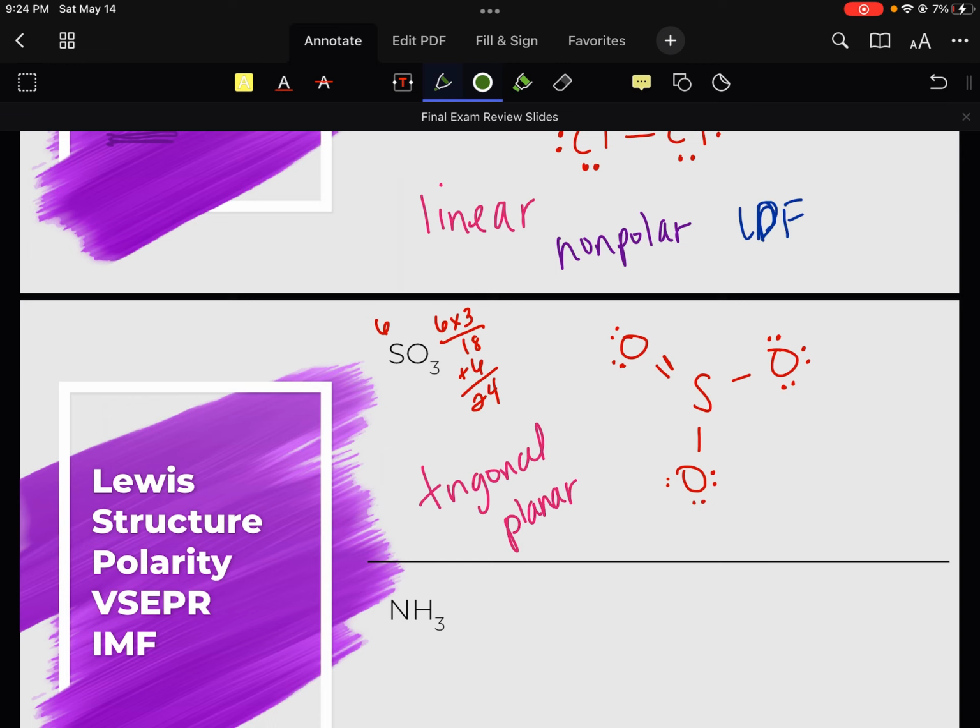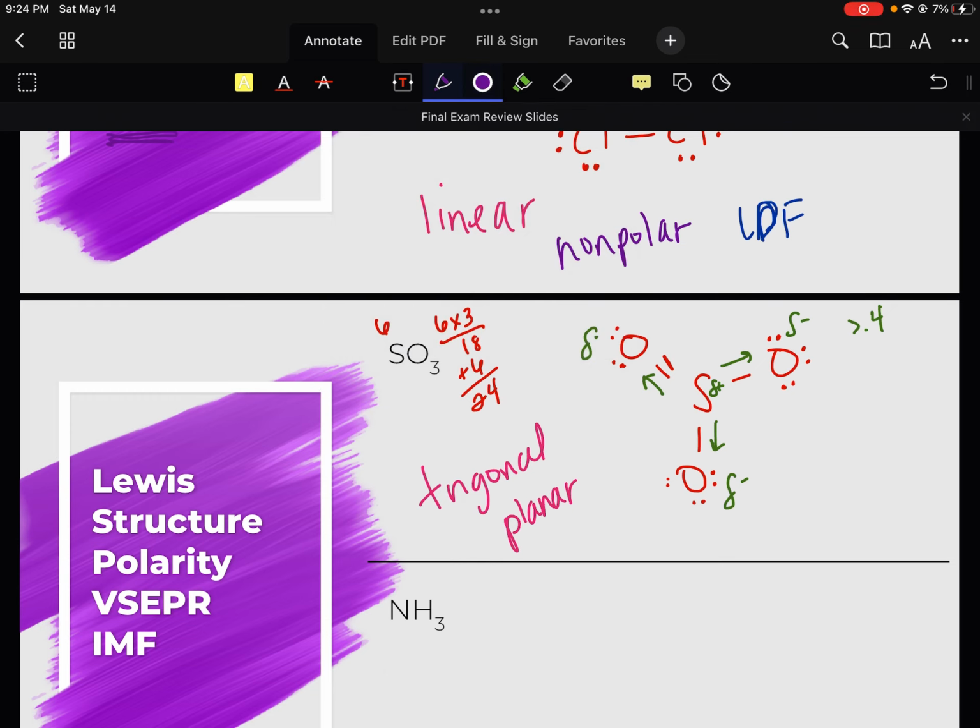I think it's 3 and 3.5. But when you subtract them, you should get something greater than 0.4. Oxygen has the highest electronegativity, a little bit higher than sulfur. So oxygen is hogging the electrons. Oxygen gets a partial negative, and then sulfur in the middle gets the partial positive.